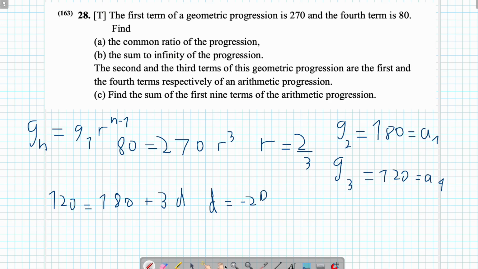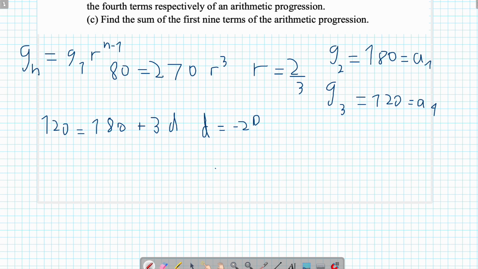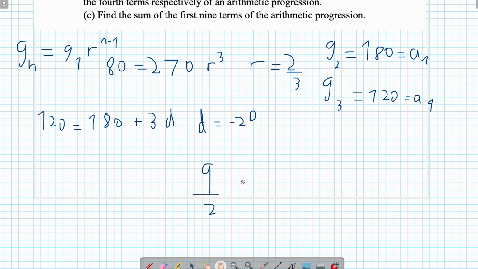So you find the sum of the first 9 terms by doing the same rule. 9 over 2 into 2a1, which is 360, plus 8 times negative 20. Again, plug this into the calculator. 9 over 2 into 360 minus 160, you're going to get 200 times 9 over 2, you're going to get 900.